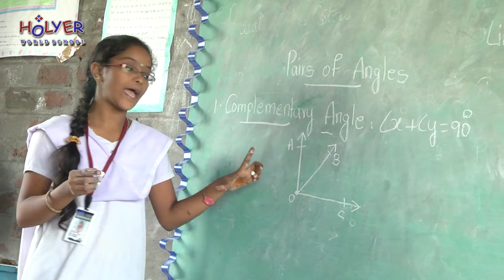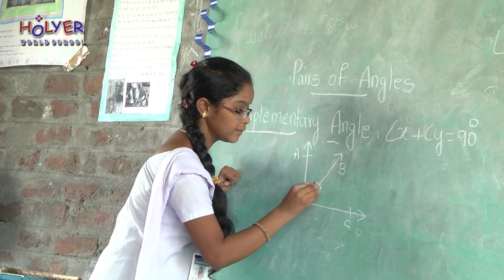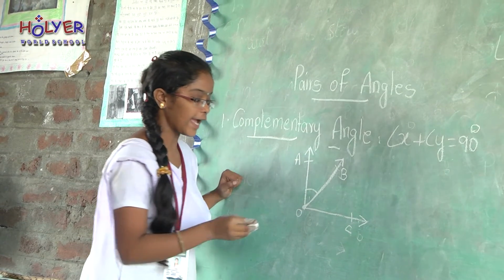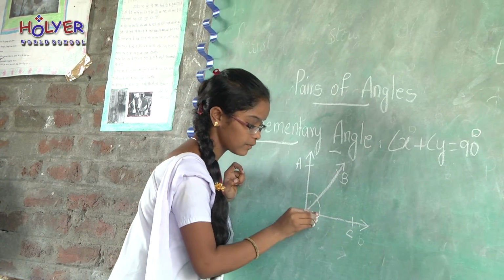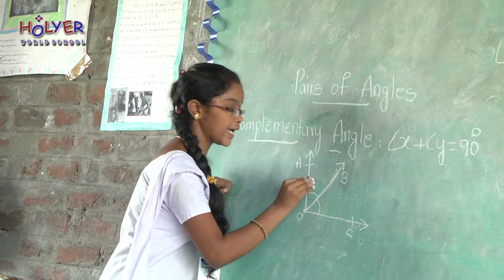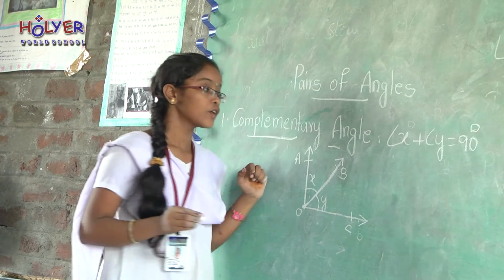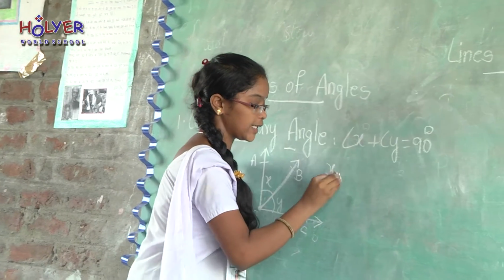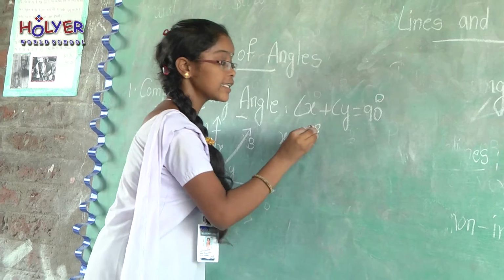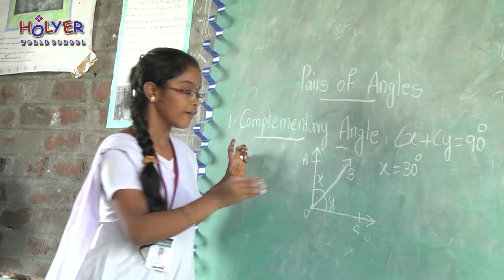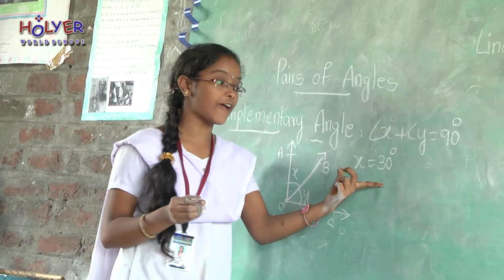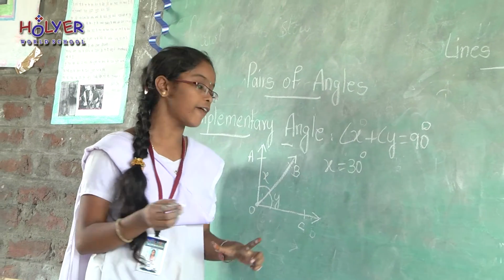Here we can observe two angles, angle AOB and angle BOC. Let angle AOB be x and angle BOC be y. So let's take x value 30 degrees, and we have to find the value of y. If we substitute this x value in this equation, we can get the value of y.